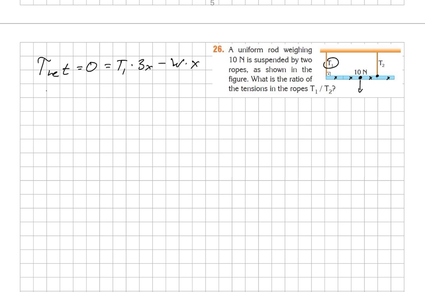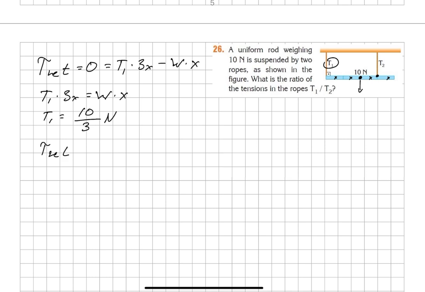So tension 1 times 3x is equal to W times x. So tension 1 will be equal to, with the weight of 10 newtons, 10 newtons over 3. This is tension 1. And now let's solve it for tension 2.